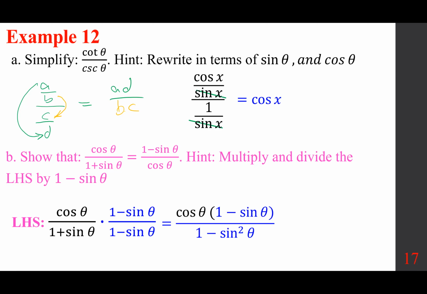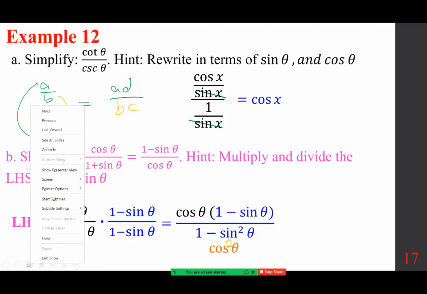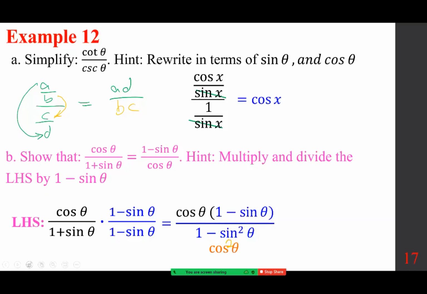We know 1 minus sine squared is cosine squared. And one of them cancels out the cosine in the numerator. And that's a proof.